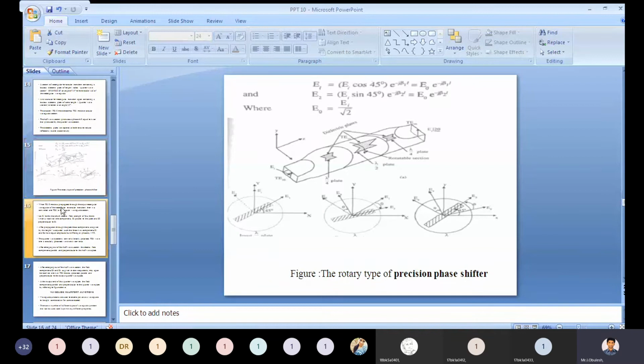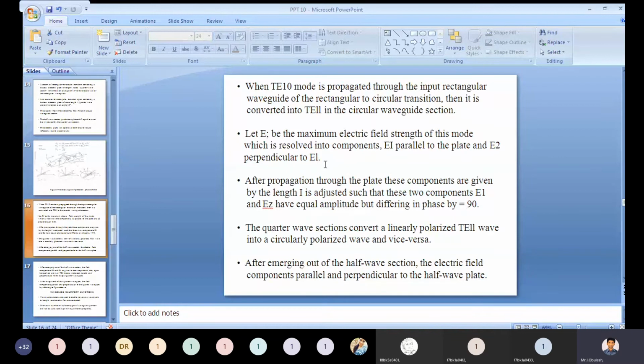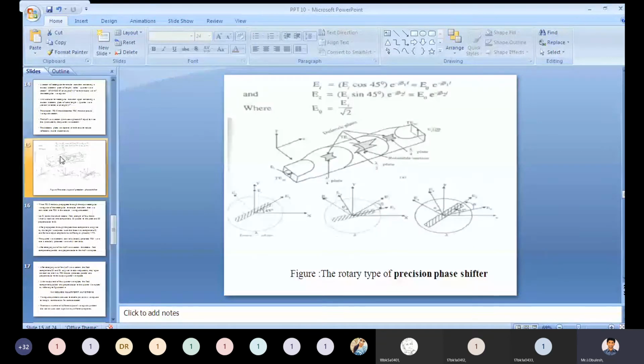When the TE10 mode is propagated through the input rectangular waveguide of the rectangular to circular transition, that means you send a signal from rectangular to circular.